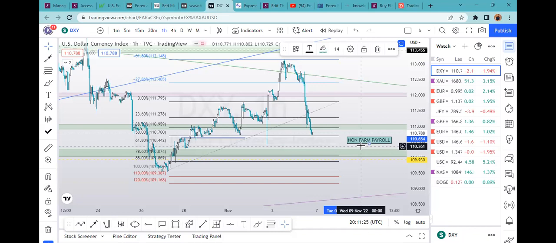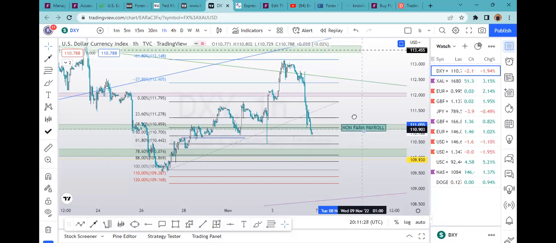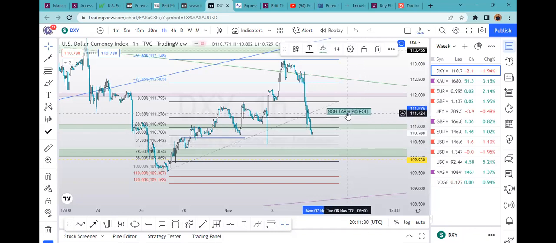So NFP is an economic indicator, just like your unemployment rate and your job openings reports. Same thing as CPI, same thing with interest rates, but the gravity of one is greater than the other.